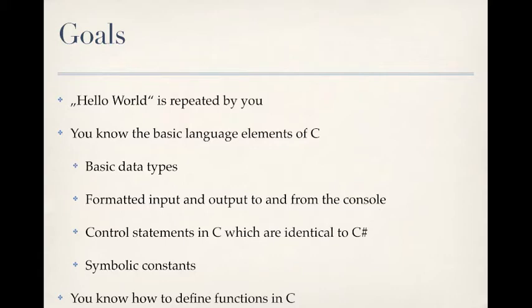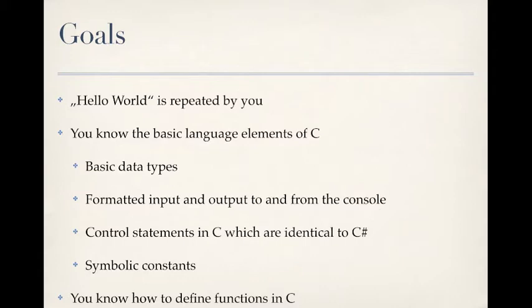So functions are the counterpart of methods in C. So in C# we defined methods to make our programs easier to read and easier to handle, and in C we have functions to accomplish a quite similar or the same goal basically.